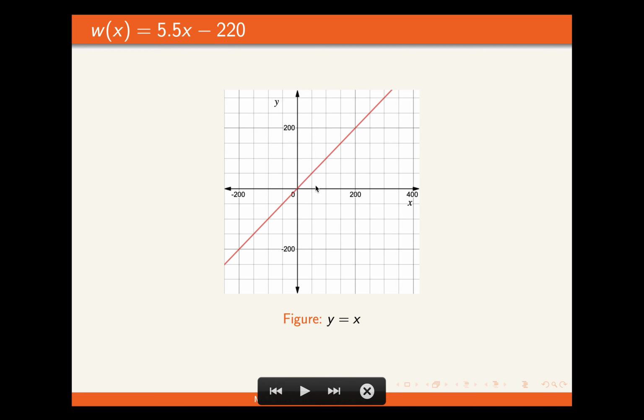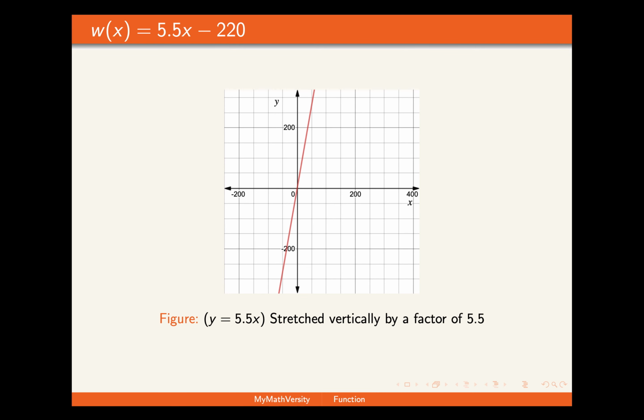You can see over here at x equal to 50, the weight value was 50. But now, corresponding to 50, we have somewhere over here. This is 50, this is 200, so this is 250, somewhere over here.